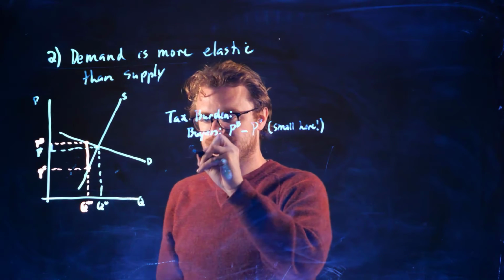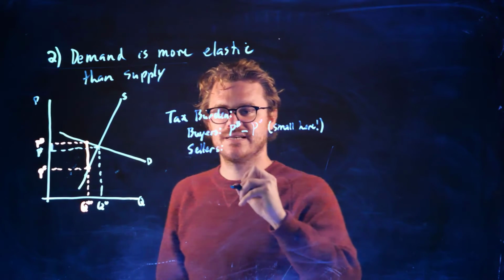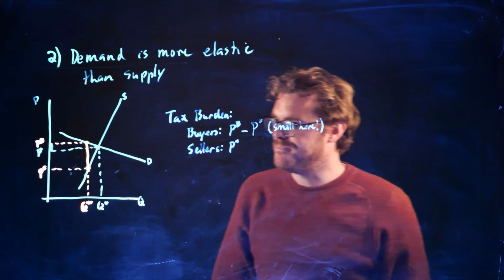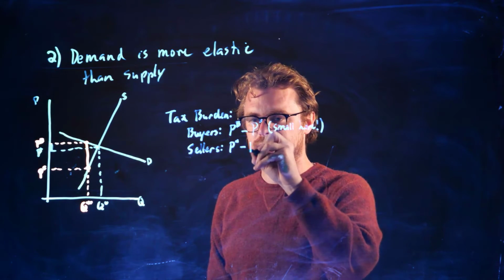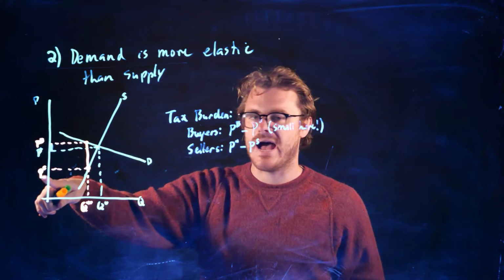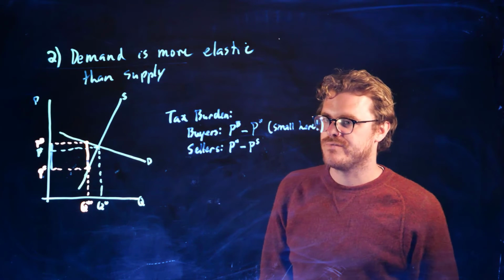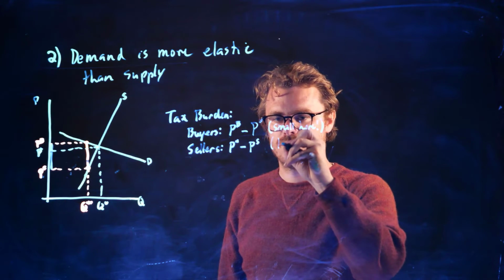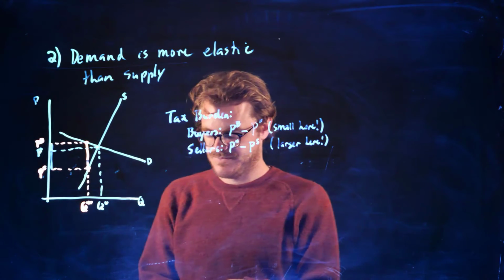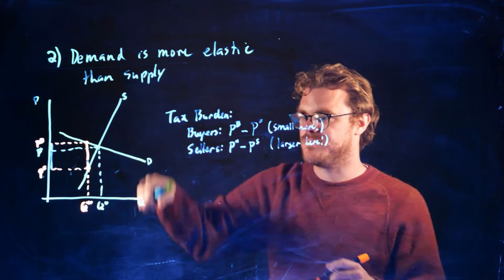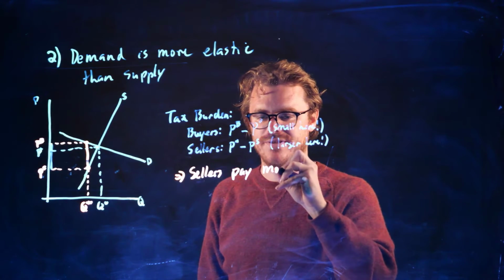The sellers used to get P star dollars every time they sold whatever good this is, pizza or whatever. Well, now they only get PS, the bottom of this tax wedge. So this distance here is the burden for the sellers. So in this case, where demand is more elastic than supply, the sellers pay more of the tax burden.